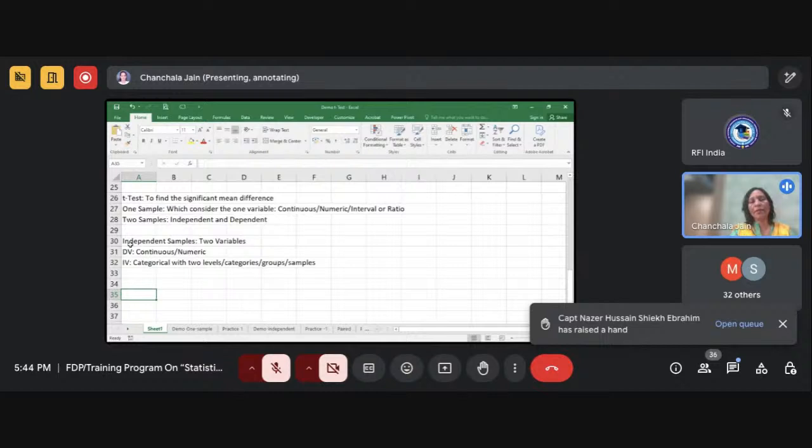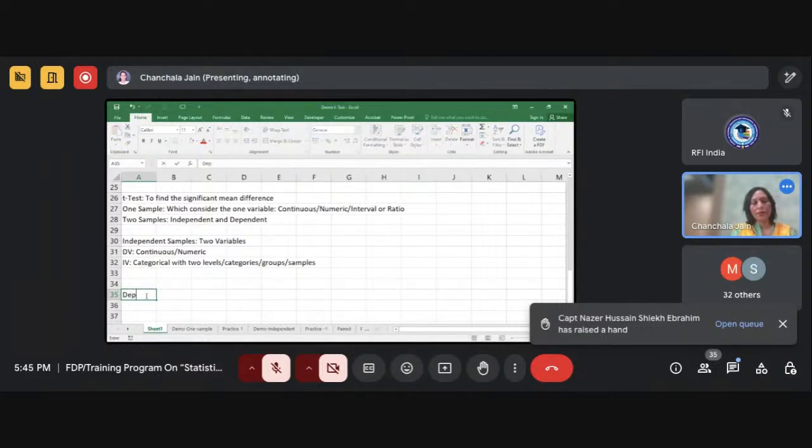The purpose again here is to find the significant mean difference. Always we are finding the significant mean difference in the dependent variable or in the numeric variable. So whether the mean of the numeric variable is the same in the two different groups or in the two different samples, that you need to see in case of the independent samples t-test, right?